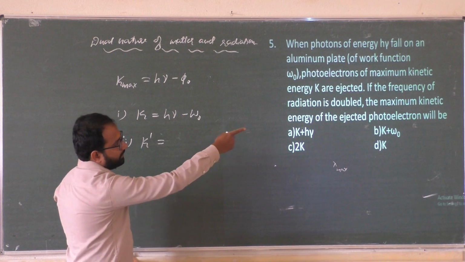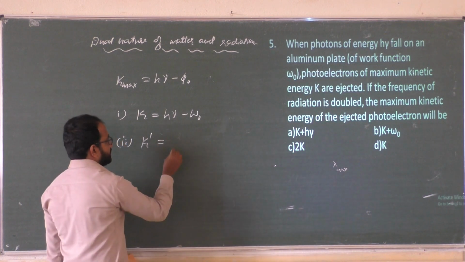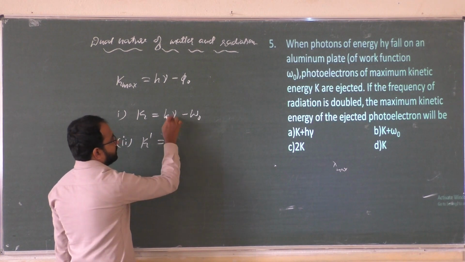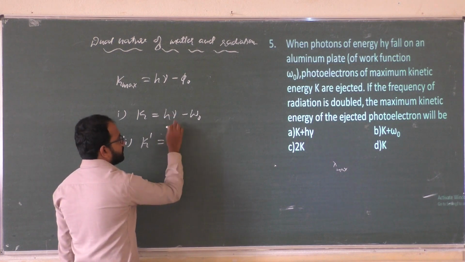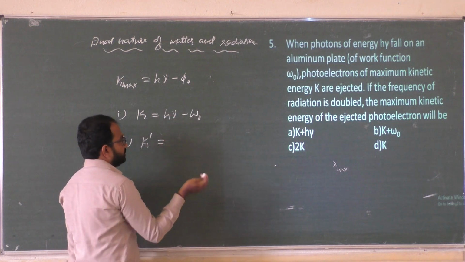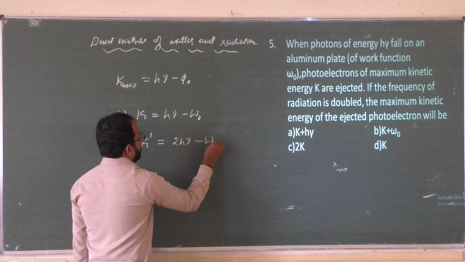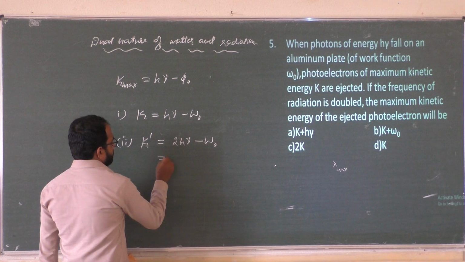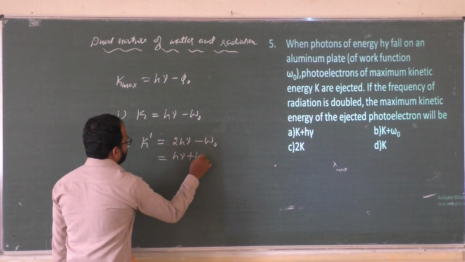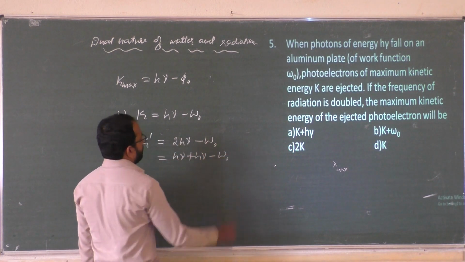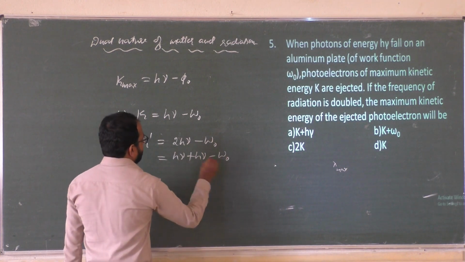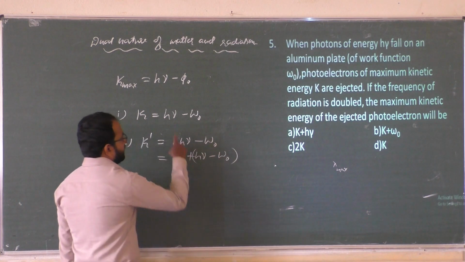If the frequency of radiation is doubled, the initial value is nu, now it is 2 times nu, twice the initial value, so therefore 2h nu minus omega naught. So this is equal to h nu plus h nu minus omega naught. But what is h nu minus omega naught?